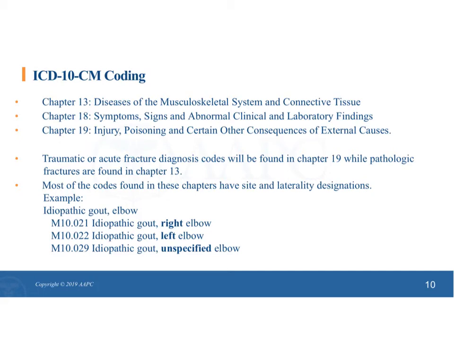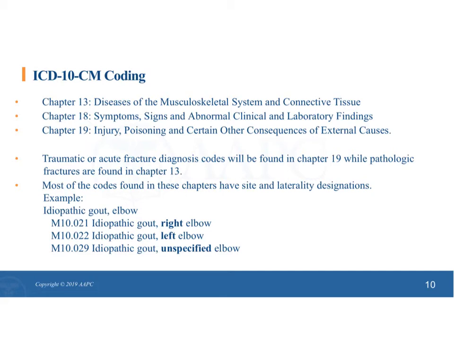Codes for the musculoskeletal system can be considered acute or traumatic or chronic pathological. Most of the acute conditions are coded from Chapter 19, Injury and Poisoning and Certain Other Consequences of External Causes, and those are codes S00 to T88 of the ICD-10-CM codebook.